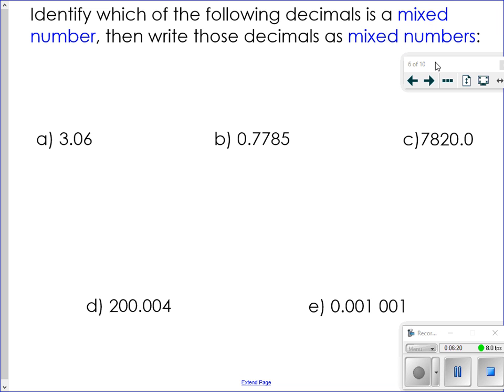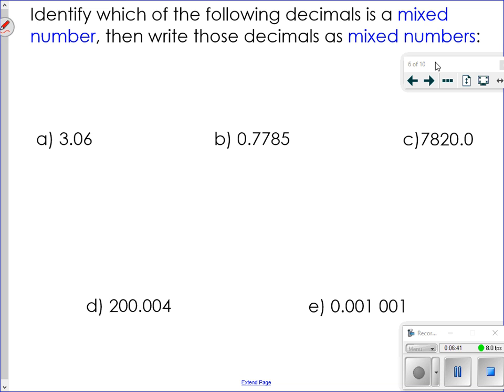Okay, we've got some decimals here, but we have to identify first of all, which of these decimals would be a mixed number. In other words, which of these decimals have a whole or some whole parts. And then once we identify those, we're going to write them as mixed numbers.